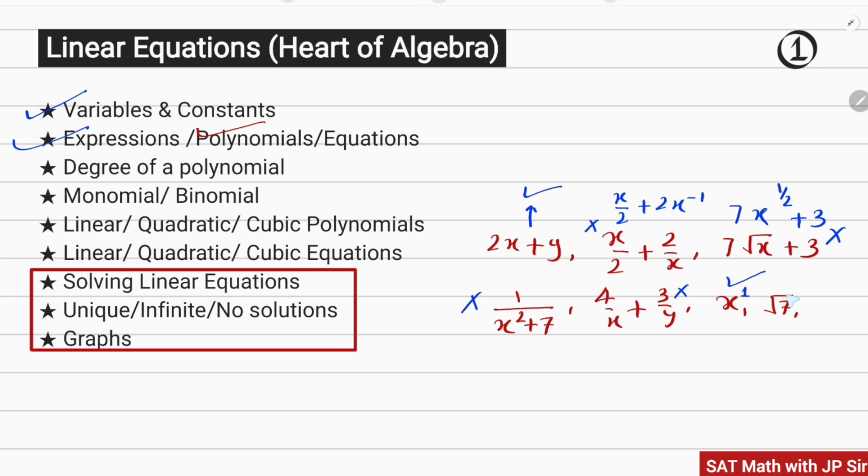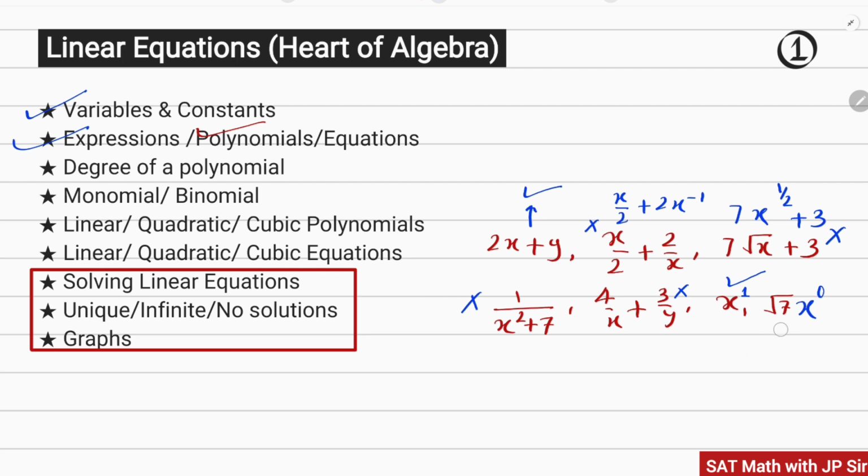Now, what about this? You may say that 7 has power half, but we don't have to look at the constant. We have to look at the power of a variable. And what about the variable here? You can say there is no variable here, but if you put a variable and give it power 0, it can be called a polynomial, because 0 is a whole number.